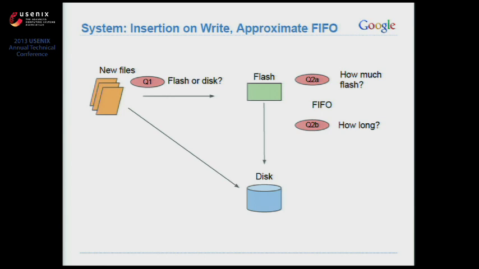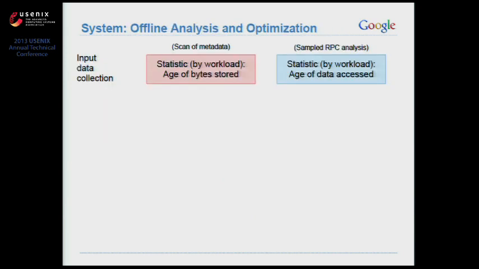To come to the answer to these questions, and here we are talking about thousands of workloads, and we want to do this automatically and optimally, we first do some input data collection. On the one hand, we scan the metadata to identify by the age of the data how much data this workload has which is younger than a certain age.